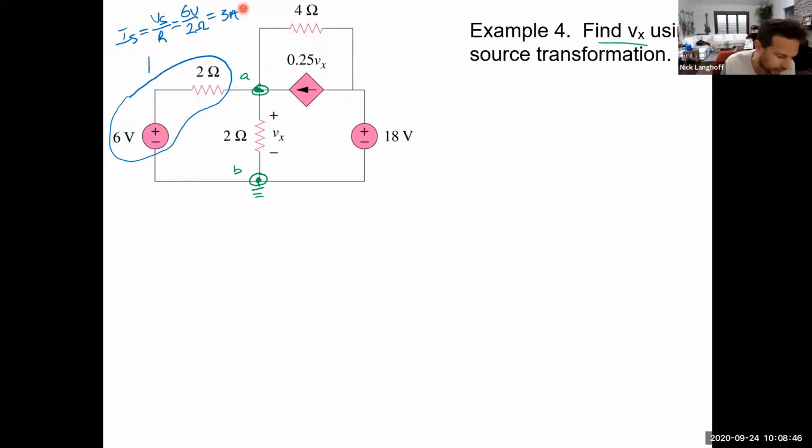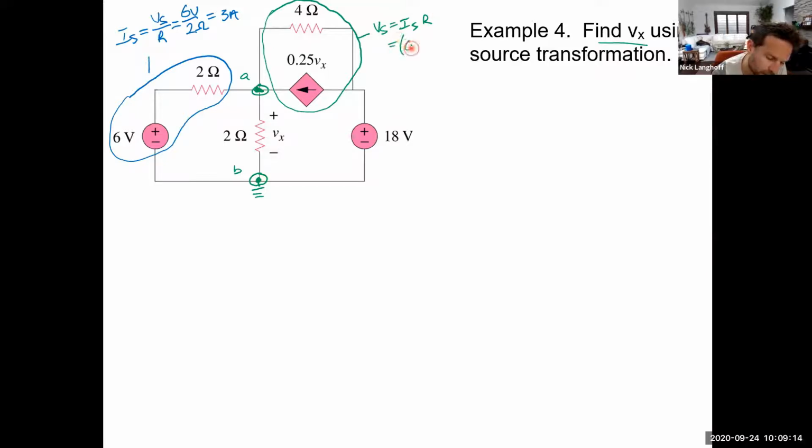Okay. Now we have a dependent current source here as well. When we are transforming from a current source to a voltage source, remember the voltage source's value is just found again using Ohm's law. That's Is times R. And what is that going to be?